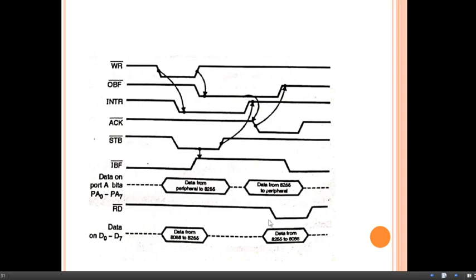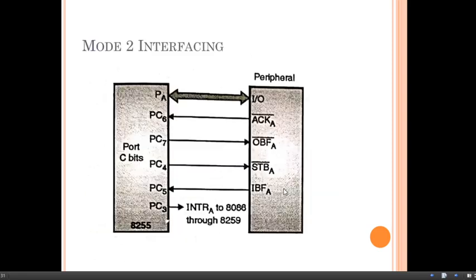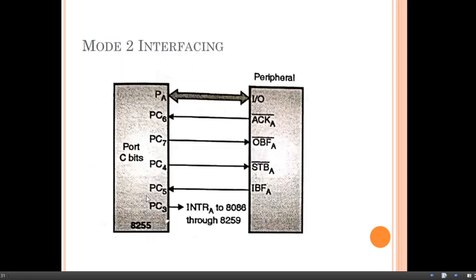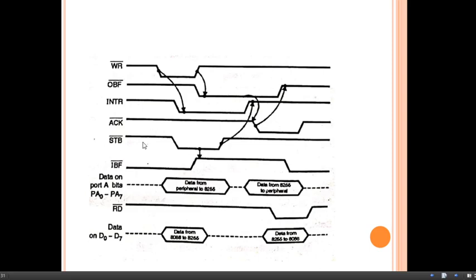When the read bar is activated, the data can be read from the input port of this 8255 by the 8086, and when the write bar is activated, 8086 will write the data to the output port of this 8255. So these are the timing waveforms or timing diagrams for mode 2.